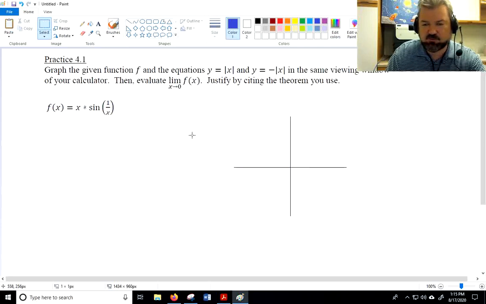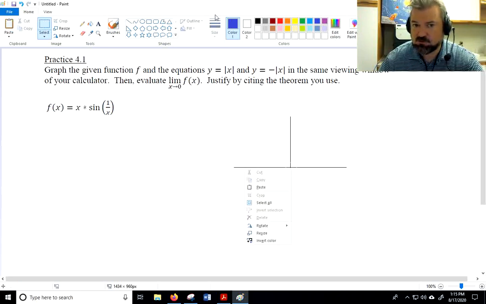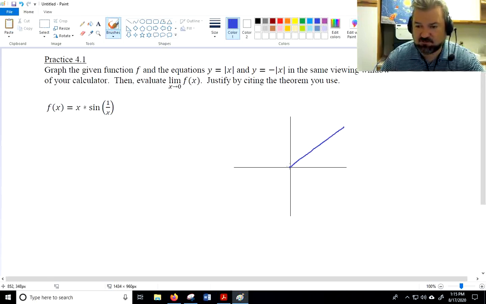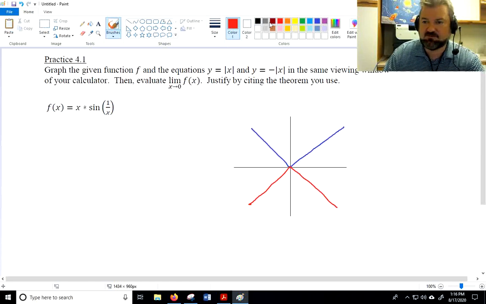Now, to really do this well, we should prove that the absolute value of x and negative the absolute value of x are always sandwiching x times sine of 1 over x. And I didn't ask you to go that rigorous, but we certainly could explain that. So let's take a second and do that.